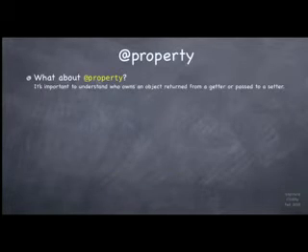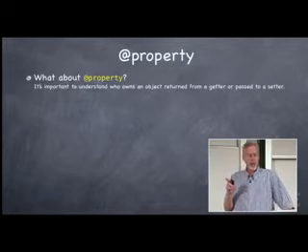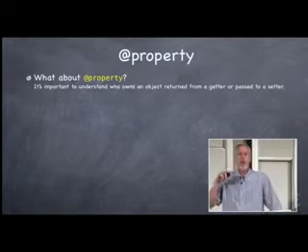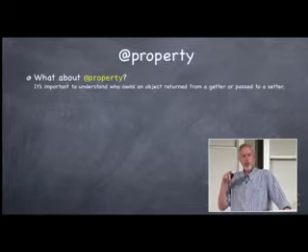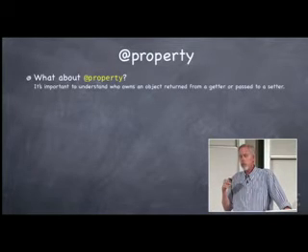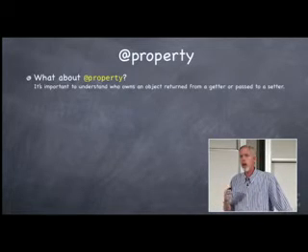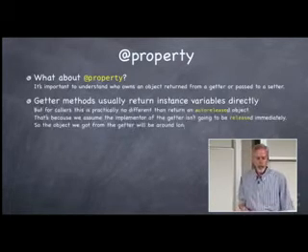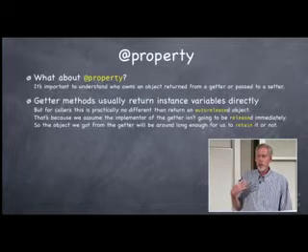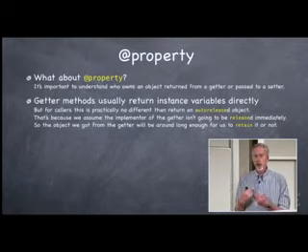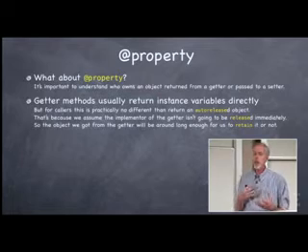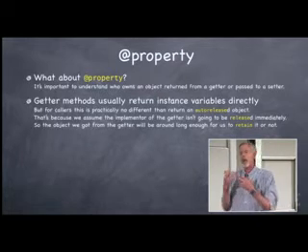Okay, @property. There's some special memory allocation consideration with @property, because you have to understand who owns an object that's returned from a getter or that you pass in as an argument to a setter. You want to be a little bit careful about who owns it. Getter methods usually return instance variables directly. Not always, especially read-only getter methods, which sometimes calculate something they're going to return.